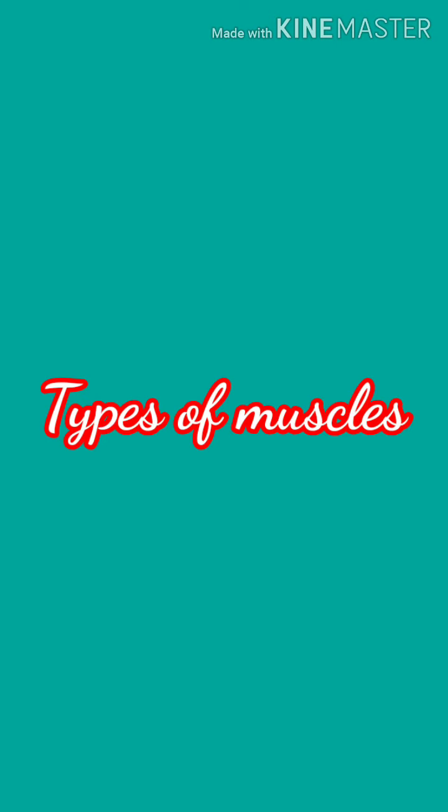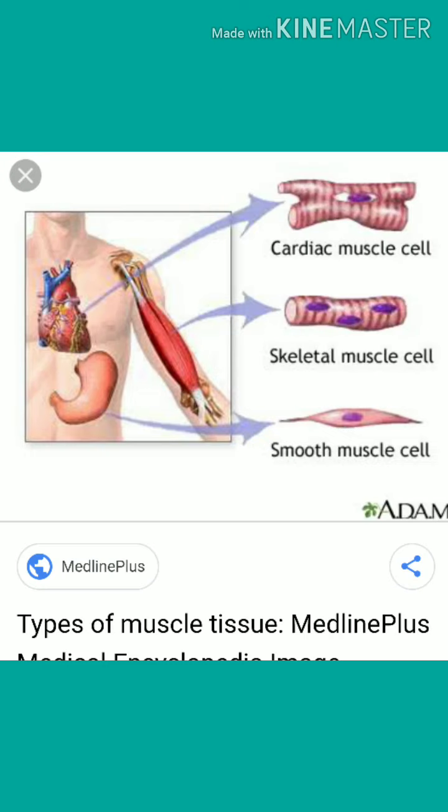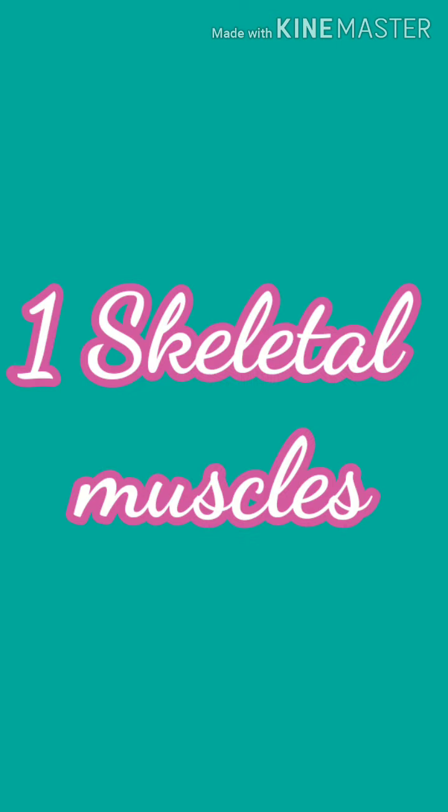Now, types of muscles. There are three types of muscles: skeletal muscles, cardiac muscles, and smooth muscles. So let us see all the muscles one by one. First is skeletal muscles.